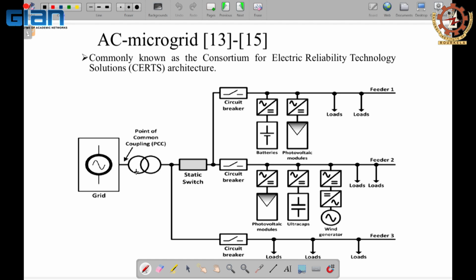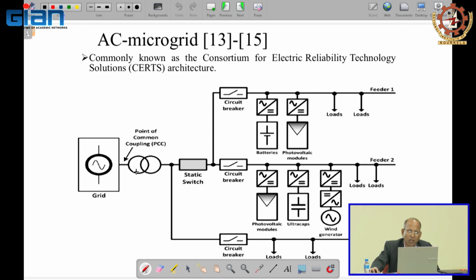The grid voltage may be higher, and whatever microgrid you connect can have a different voltage. So obviously you may have a transformer.